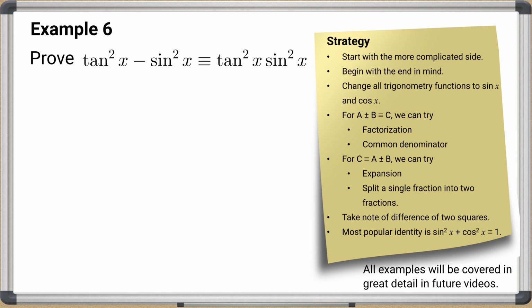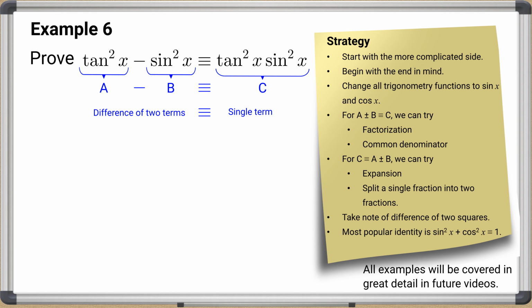Prove tangent squared x minus sine squared x equivalent to tangent squared x sine squared x. A is tangent squared x. B is sine squared x. C is tangent squared x sine squared x. We have a minus b equivalent to c.